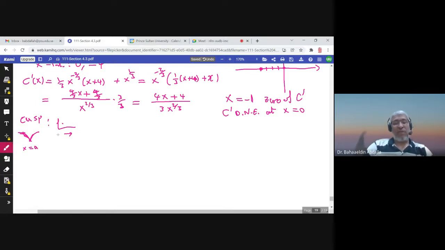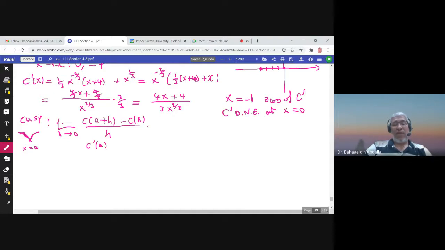what is the definition of the derivative at a? Limit when h approaches 0 of the function, which is c here, c of a plus h minus c of a, over h. This is actually c prime at a.